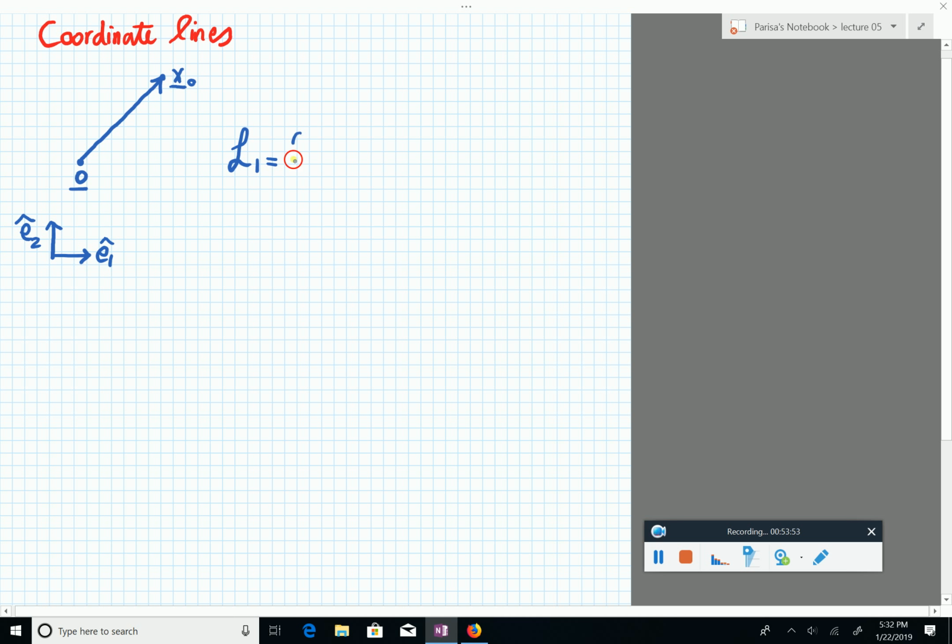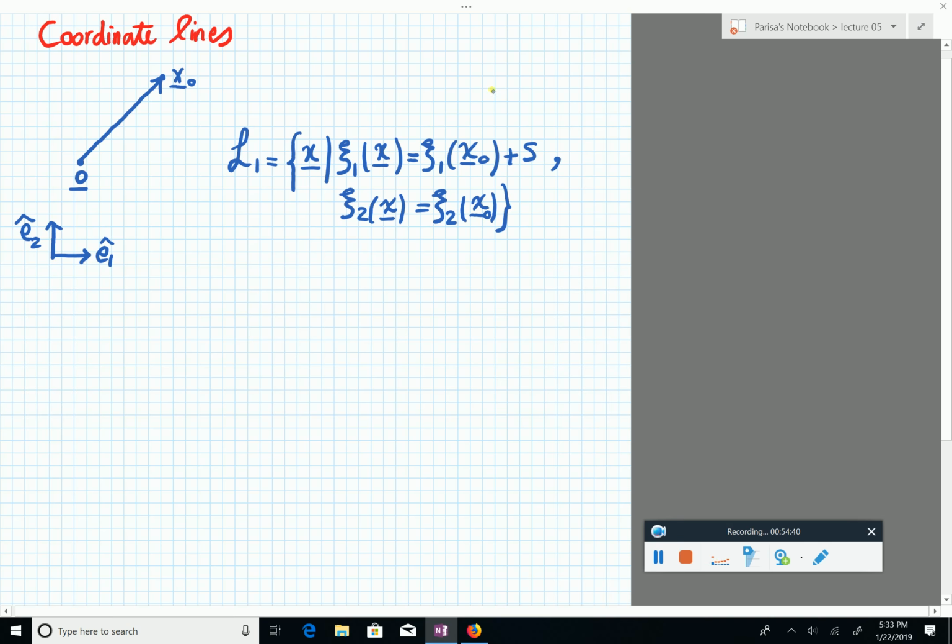L1 is the collection of points whose first coordinate, according to the definition I just wrote earlier, would be equal to the first coordinate of point x0 plus s, and its second coordinate is equal to the second coordinate of x0, and s can be any number.